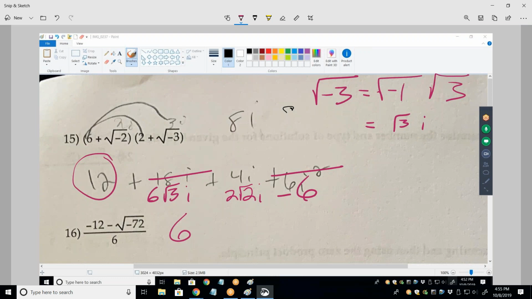How do I add these? I guess the answer is, root 3i and root 2i is 12 root 6.